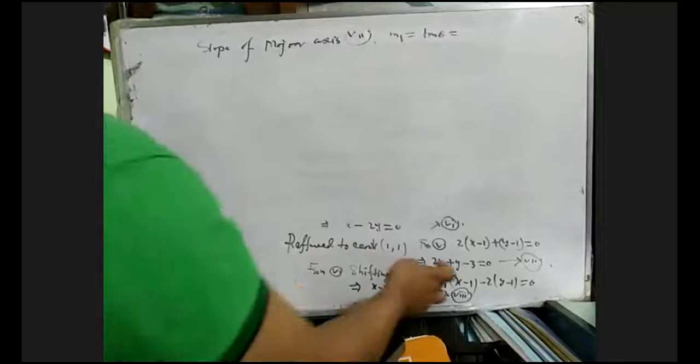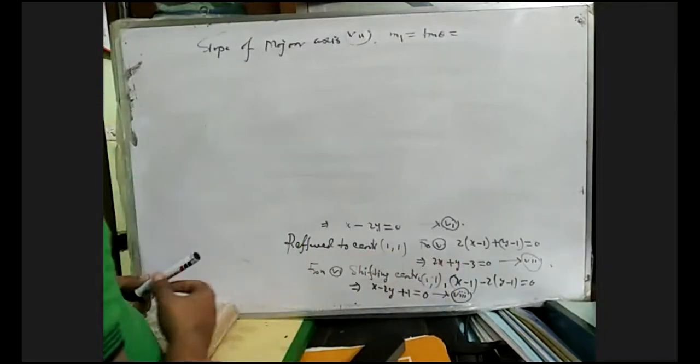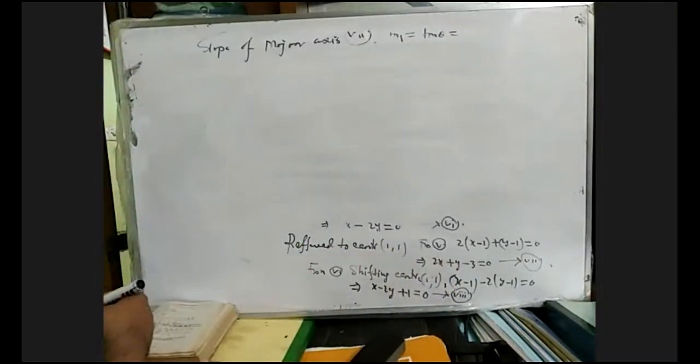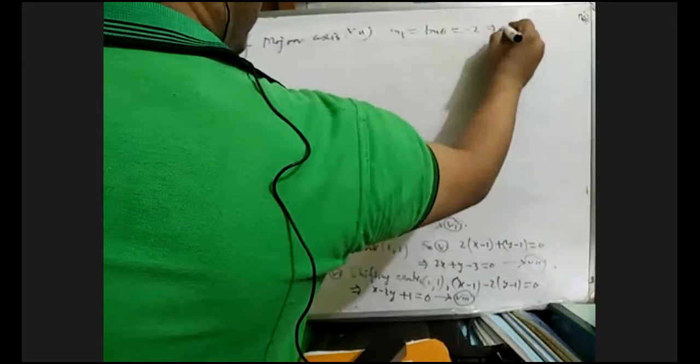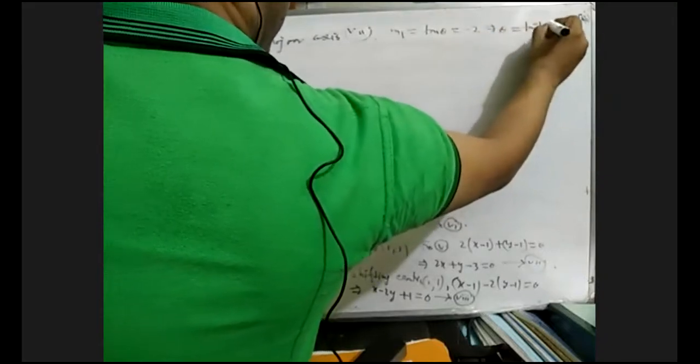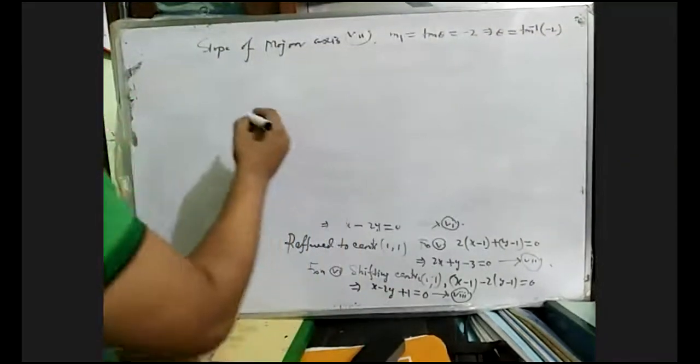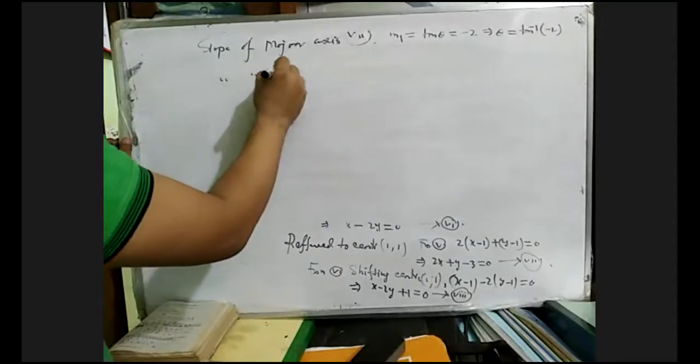Comparing with y equal to mx plus c, what will be? Minus 2. So from this the angle will be tan inverse minus 2.